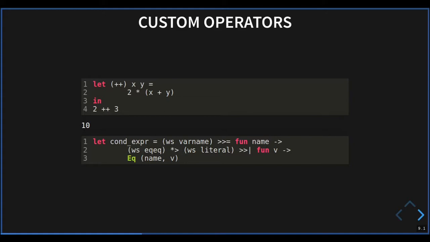So if you're not familiar with what these operators do, then this code might be really hard to understand, but on the other hand, it can be really short and expressive if you do know these operators.